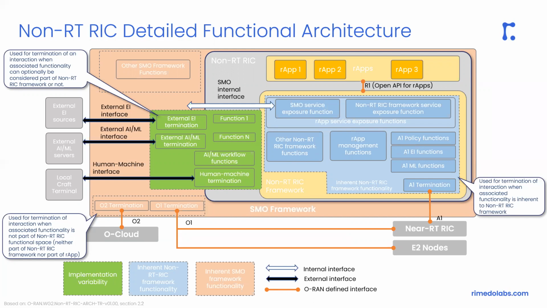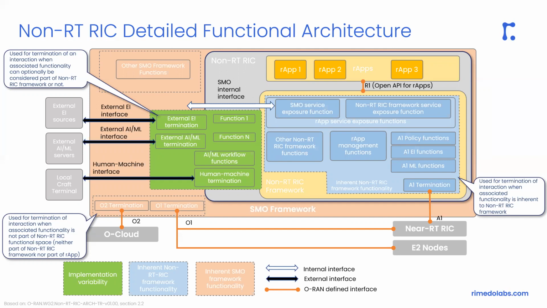Now, the pink parts relate to the inherent SMO functionality. So, for example, termination points for the O1 and O2, but also slicing management functions. And then we have the green ones, which are mostly related to the AI/ML workflows, also related to the external communication from external entities to the SMO, like the human-machine interface or external AI/ML interface, to get it from external servers or external enrichment information.